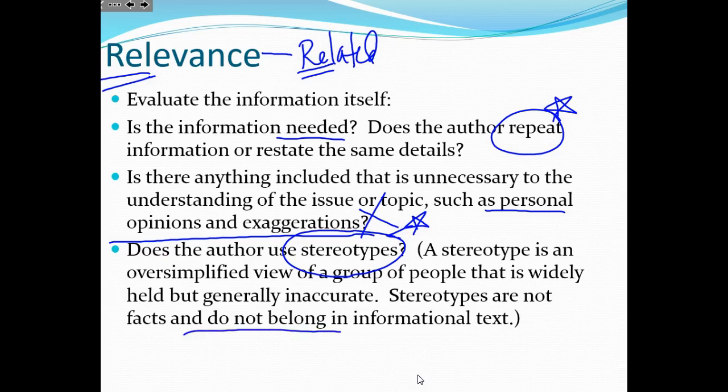So if you were going to read something and you're trying to determine if it's related or if it's accurate, and you see stereotypes, which is again where you have a large group of people and it's an oversimplified view, meaning it's kind of like racist or sexist or gender biased or something, then we don't want to use anything that uses stereotypes.